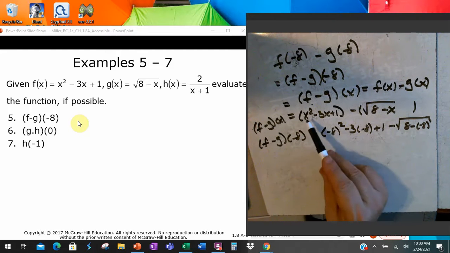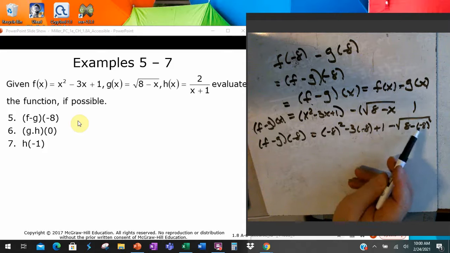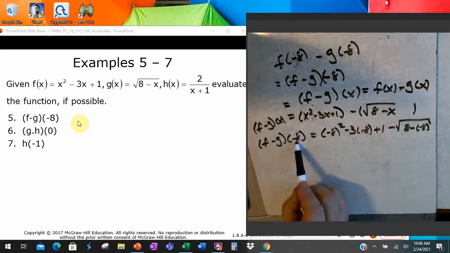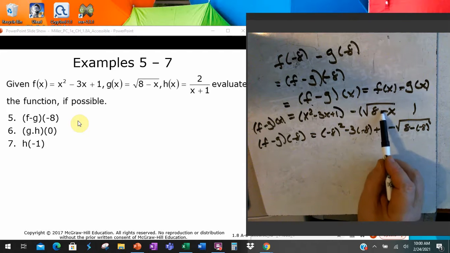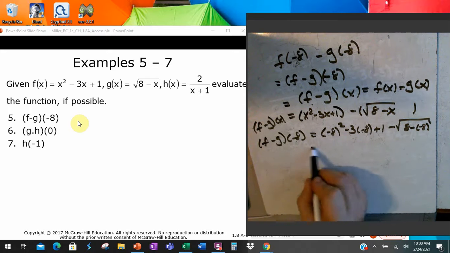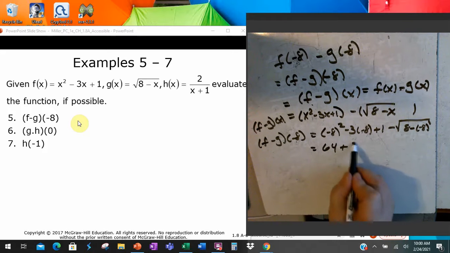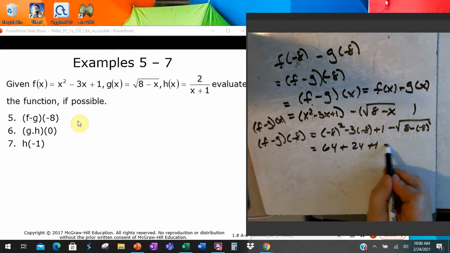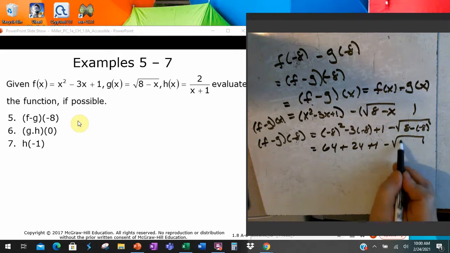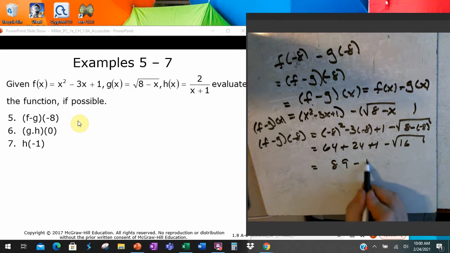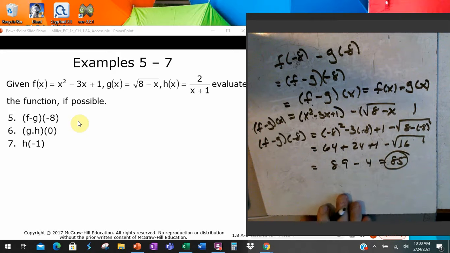Those parentheses will save you from making that mistake. So we get 64 plus 24 plus 1 minus the square root of 16, which is 89 minus 4, and that would be 85.